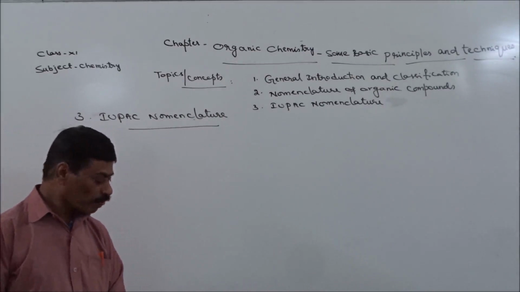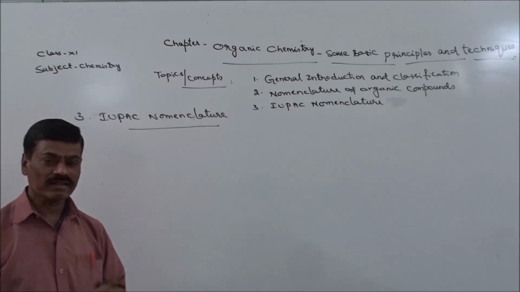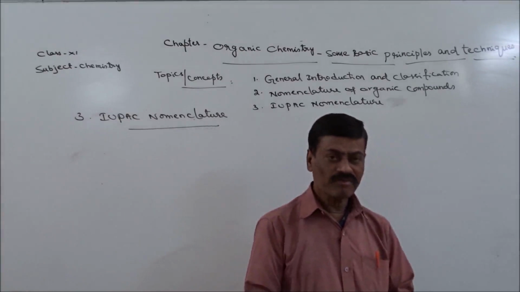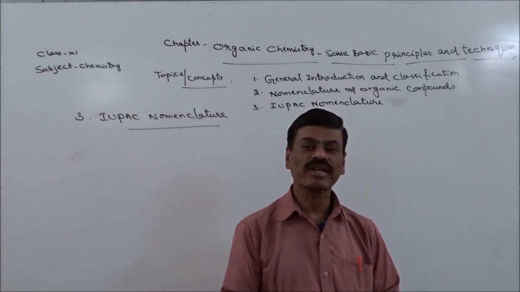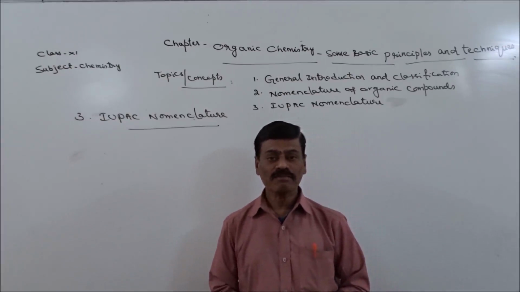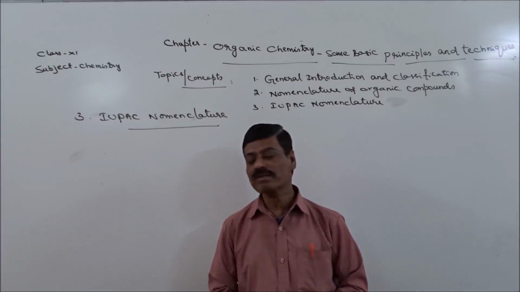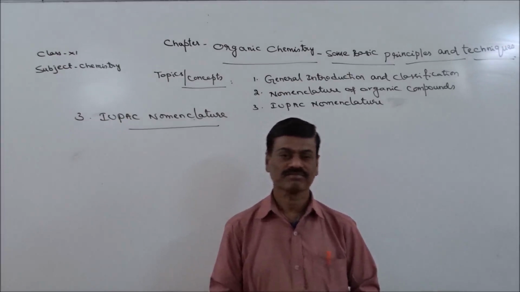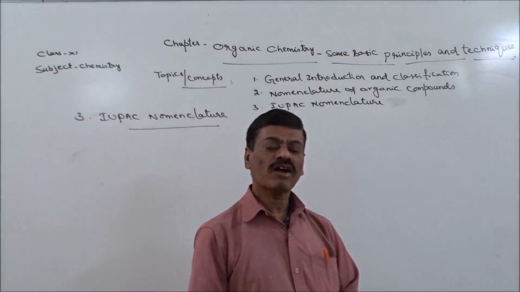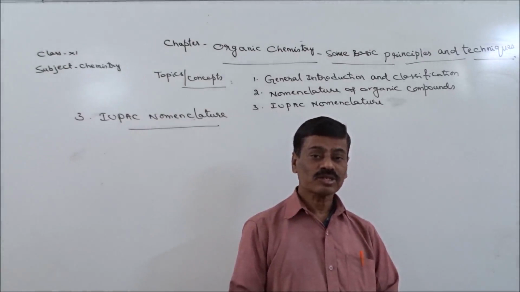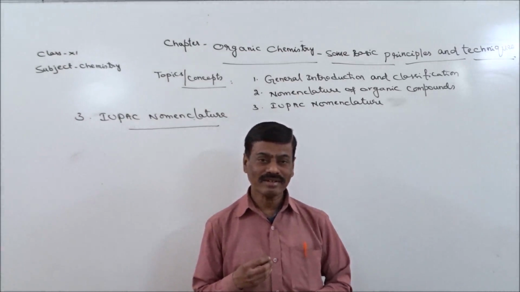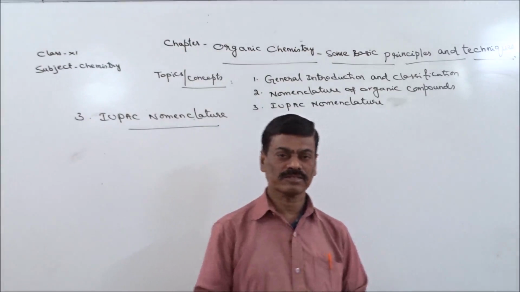Now let us see the main things that are required before going to name the compound. Whenever a particular compound is given to us, we have to identify the parent hydrocarbon part of it. That is the first one. Number 2, we have to find out whether a substituent is attached to that parent hydrocarbon part or not.